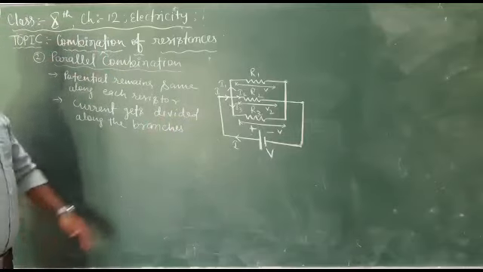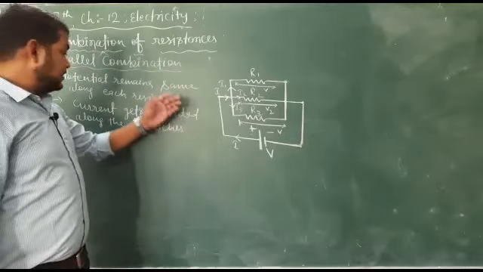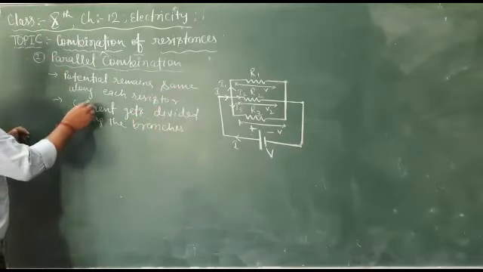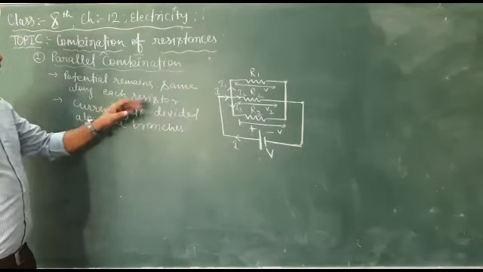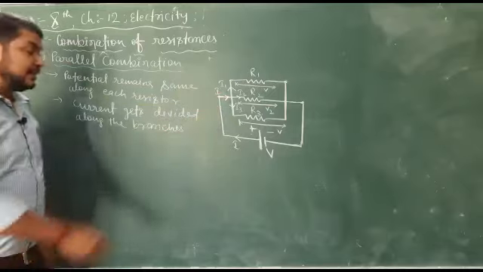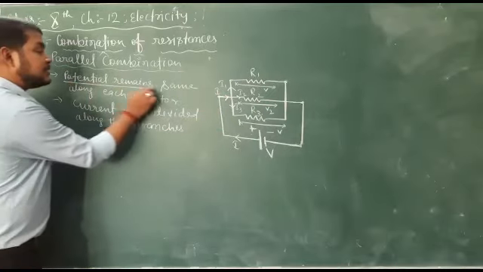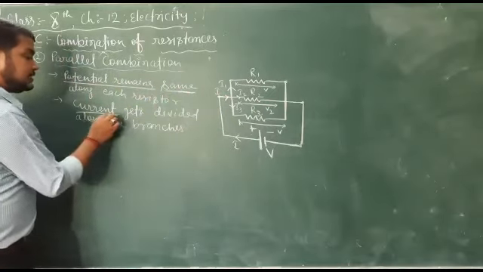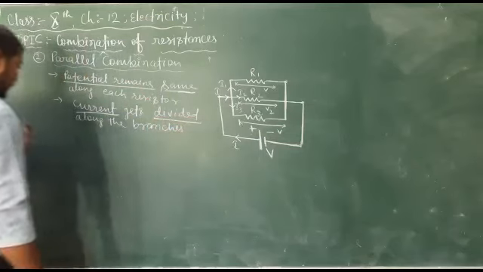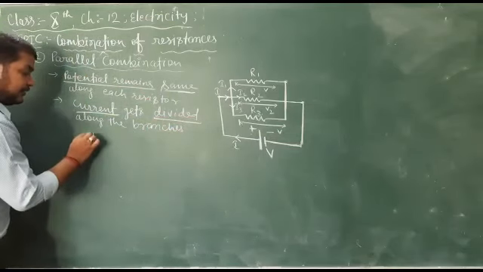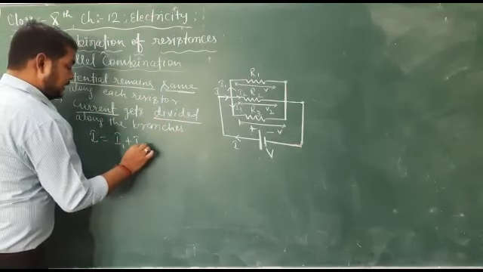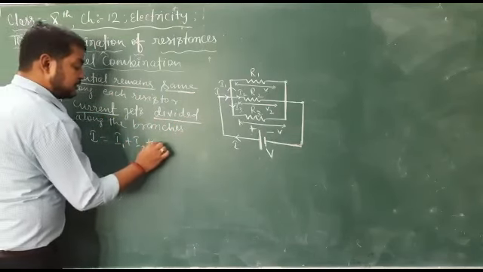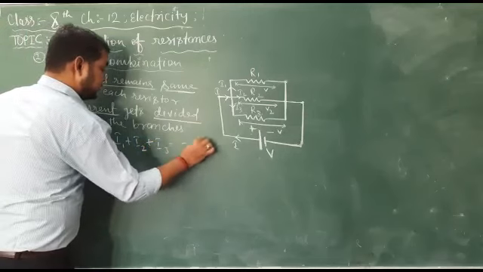In the series combination we saw the reverse relation: the current remained the same and the voltage was divided across the resistors, but in the parallel combination the potential remains the same and the current gets divided. So we will consider I is divided into I1 plus I2 plus I3. Let's say it is equation number 1.